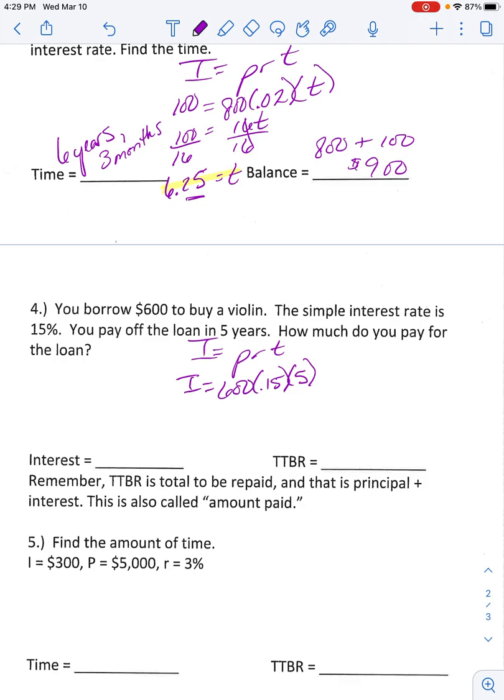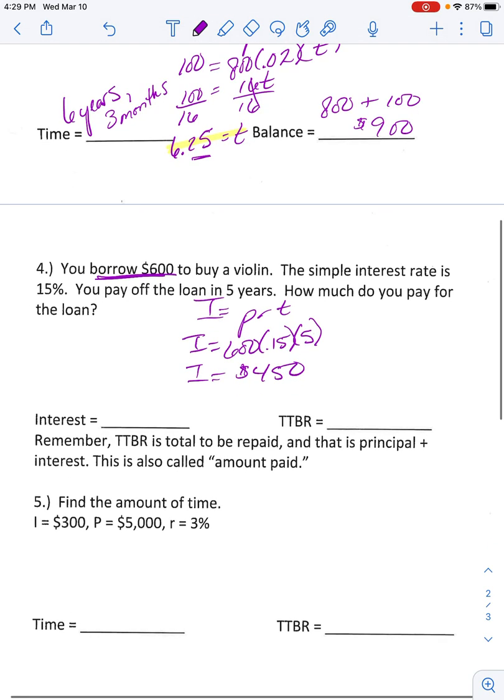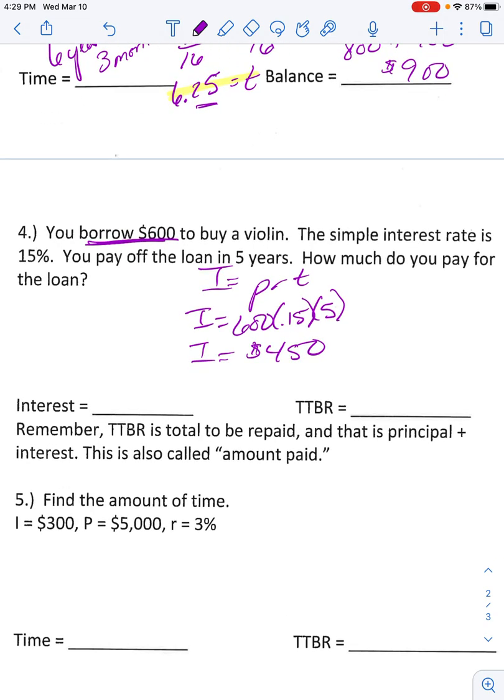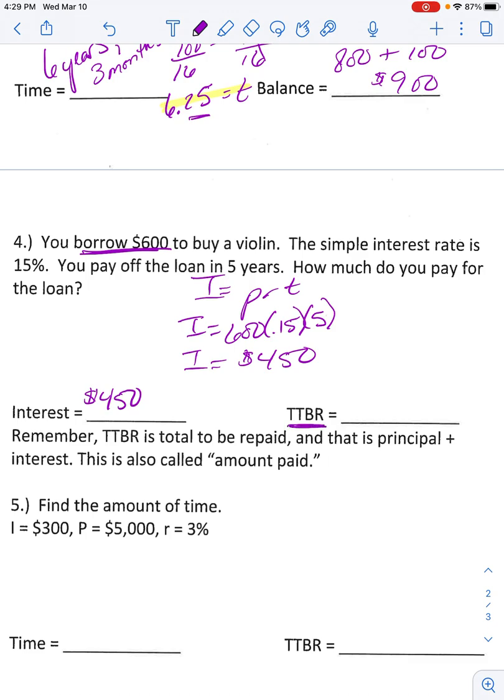I'm going to do 600 times 0.15 times 5, and I get $450. We borrowed money, so I have to pay that back, guys. So my interest is $450. Remember this from day one, total to be repaid. The violin was $600, so I borrowed $600.